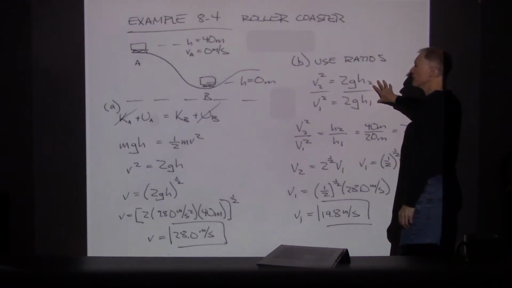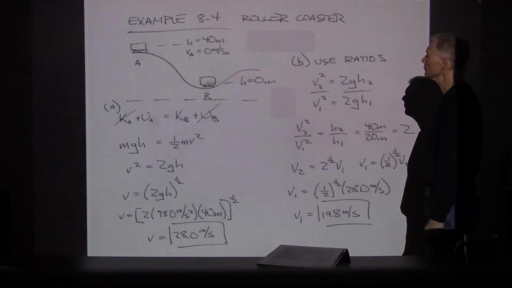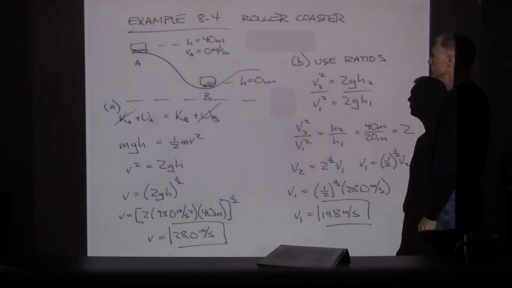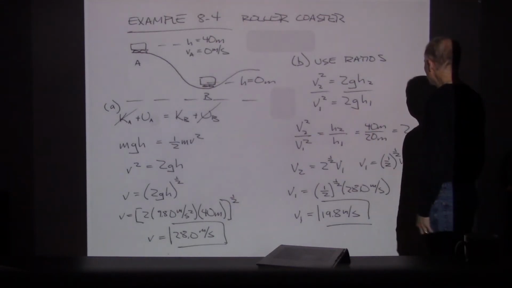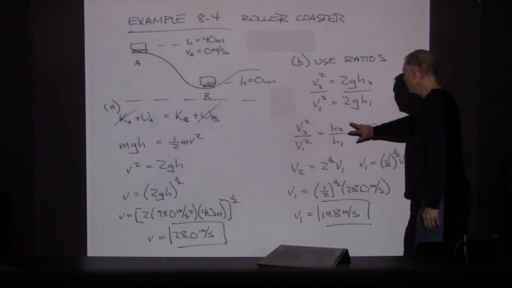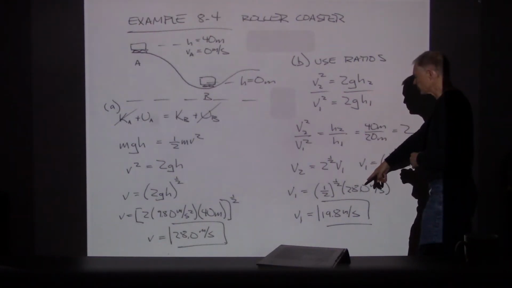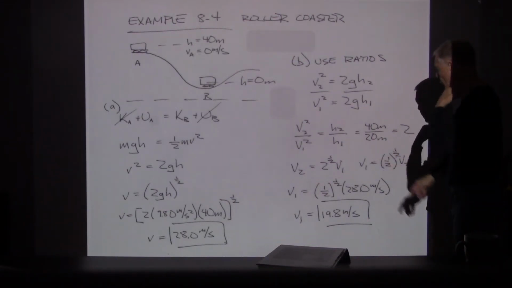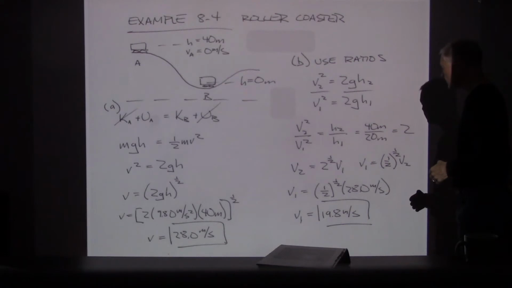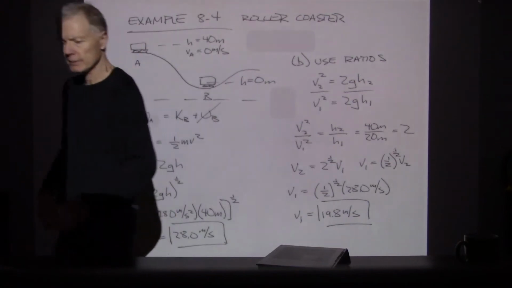And that would say that h1 would be 1/4 of the height. In any case, I solved it kind of backwards. I assumed that the heights were 40 meters and 20 meters, so I solved for how fast it's going when it's dropped halfway. Now when it's dropped halfway, it's already going 19.8 meters per second. So, all right, apologize for that.